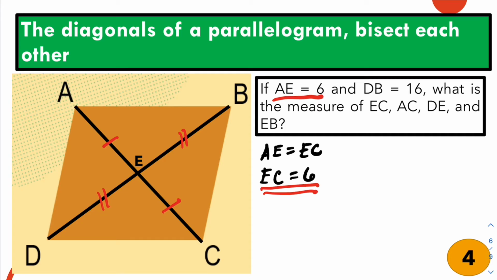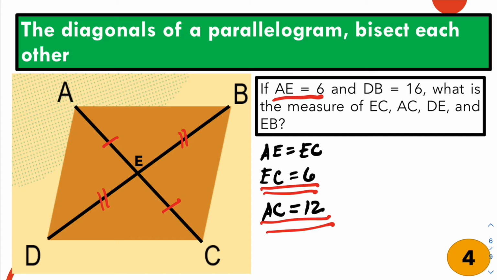Then, since AE is 6 and EC is 6, AC is equal to 12. Yes, we just add the value or the measurement of AE and EC. AC is 12.